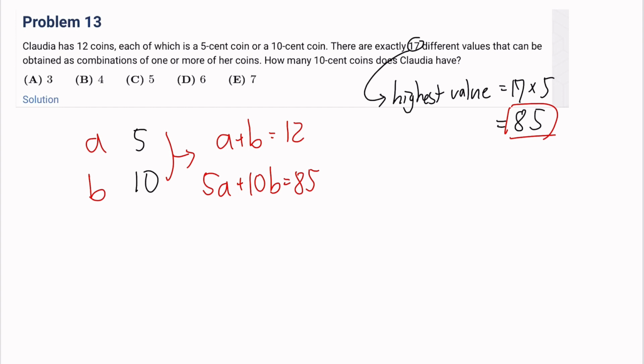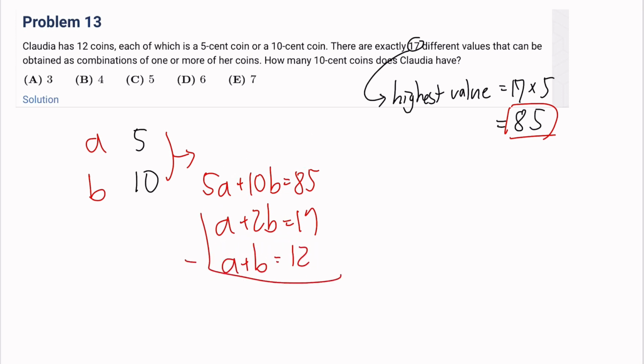And so if we divide this by 5, then A plus 2B equals 17. And if we subtract this from that, that gives us B equals 5. And B is the number of 10-cent coins. The answer is 5. It's C.